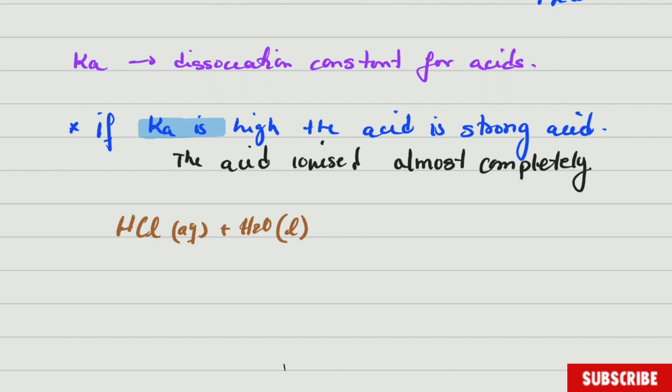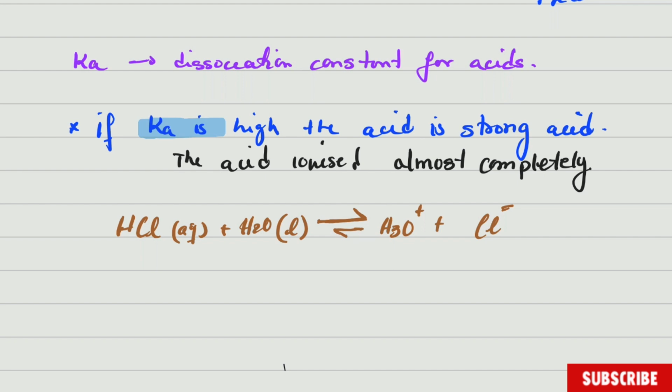When hydrochloric acid ionizes in water, it's going to form hydronium ion, H3O plus, and chloride ions. Because it's a strong acid, this equilibrium is going to shift to the right. In other words, there's going to be more product than reactants.